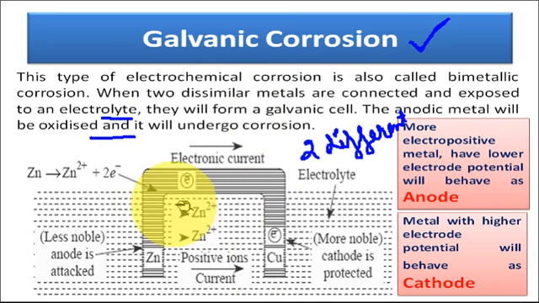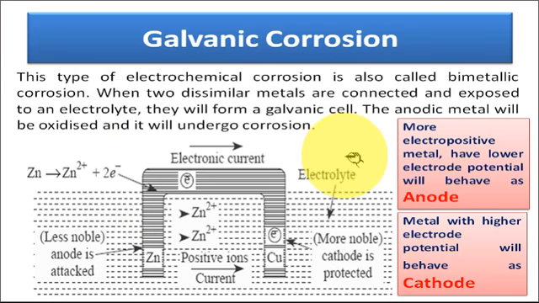That means both the metals are in contact with each other and at the same time they are in contact with the electrolyte solution also. So in such a condition, the metal structure behaves like a small galvanic cell.